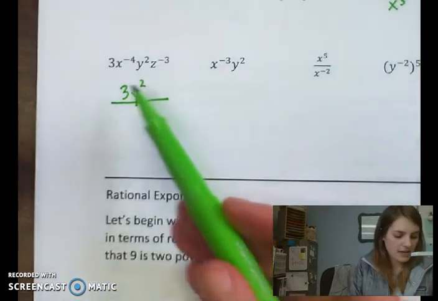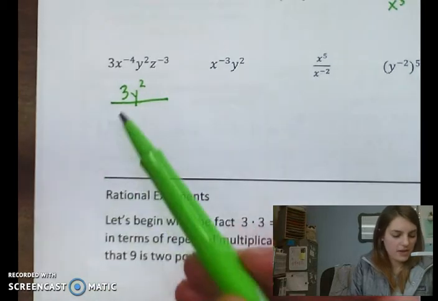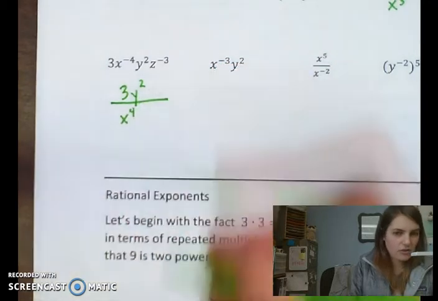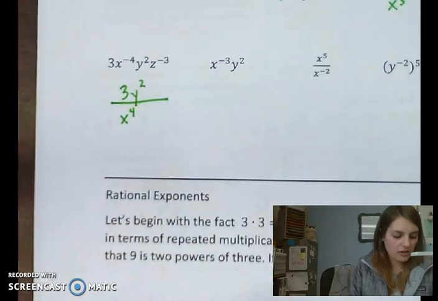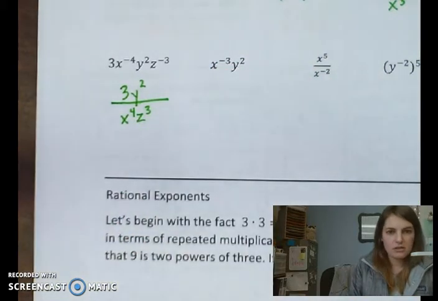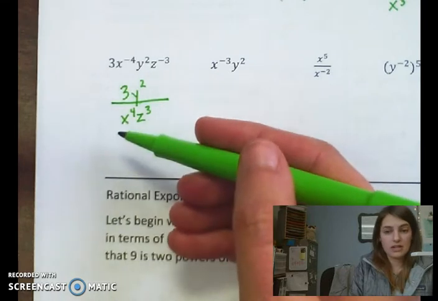I can't combine any of this stuff because I have x, y, and z as my variables, but the x to the negative fourth wants to move down as an x to the positive fourth, and the z to the negative third wants to move down as z to the third. So this is just considered simplified because we don't have any negative exponents.